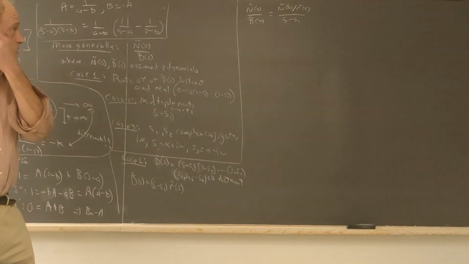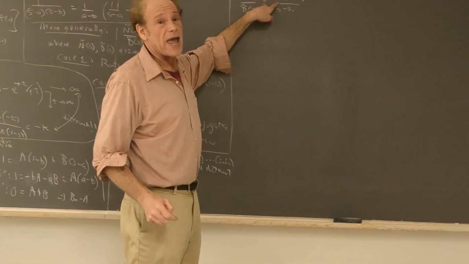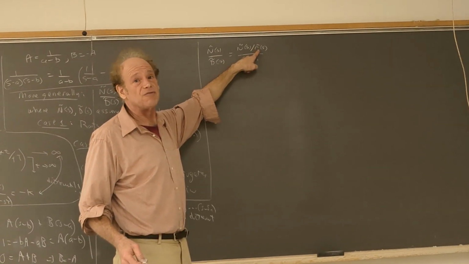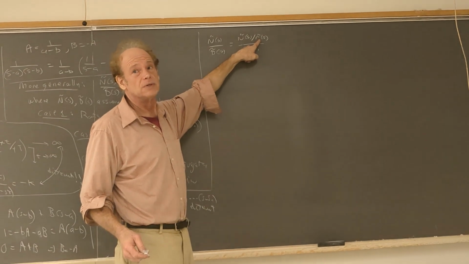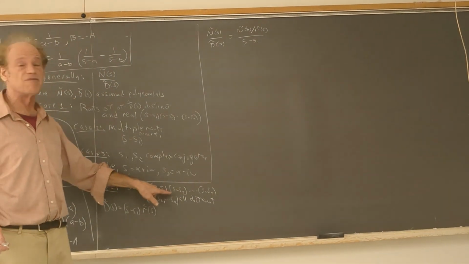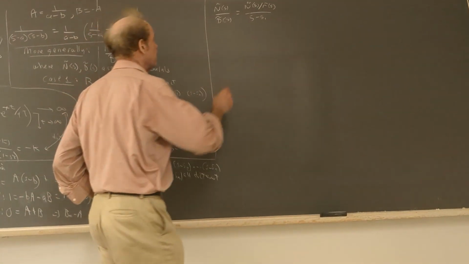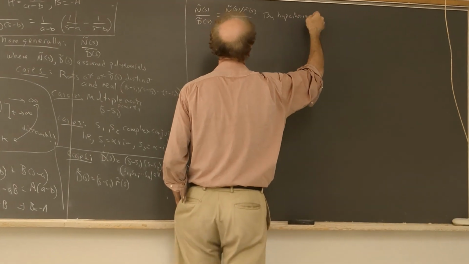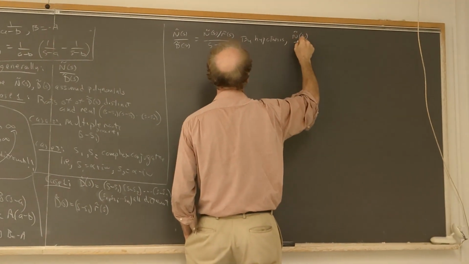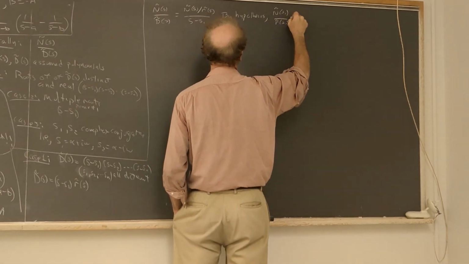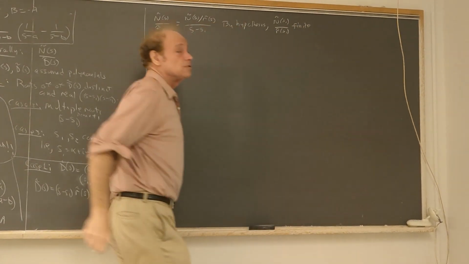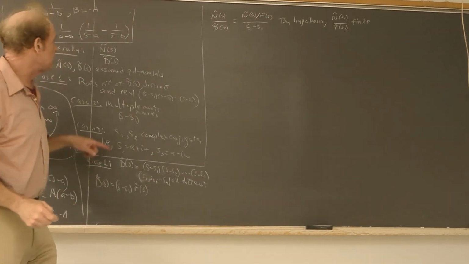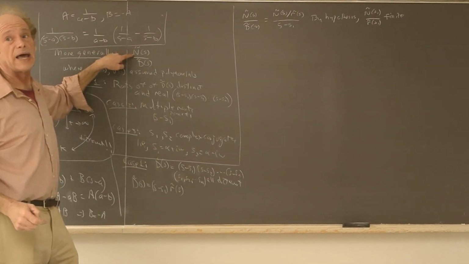And by hypothesis, n is a polynomial, so when s is s1, it can't blow up. And by hypothesis, r tilde of s1 is non-zero, because if it were 0, then I would have a multiple root. So by hypothesis, n tilde of s1 over r tilde of s1 is finite. And generally, we usually say that we cancel like factors.